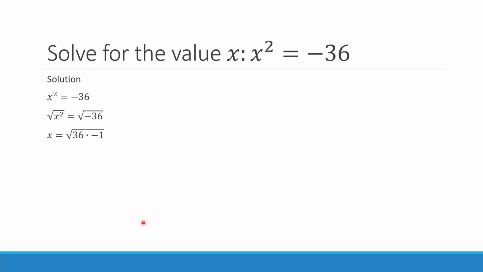So it's much easier now, we have positive negative 6 and then the square root of negative 1. We can make it as i because the square root of negative 1 is equal to i. So therefore, our answer would be x equal to 6i and x equal to negative 6i.